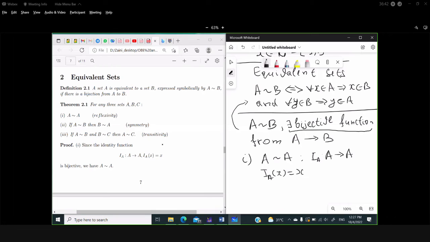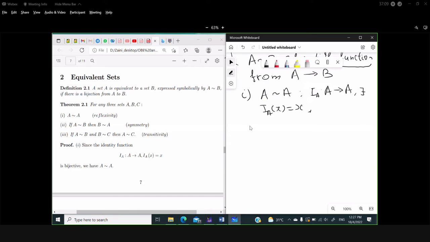So we found there is an identity function that maps every element of A to itself. We are able to find this type of bijective function, and this function is not only injective, it is bijective.